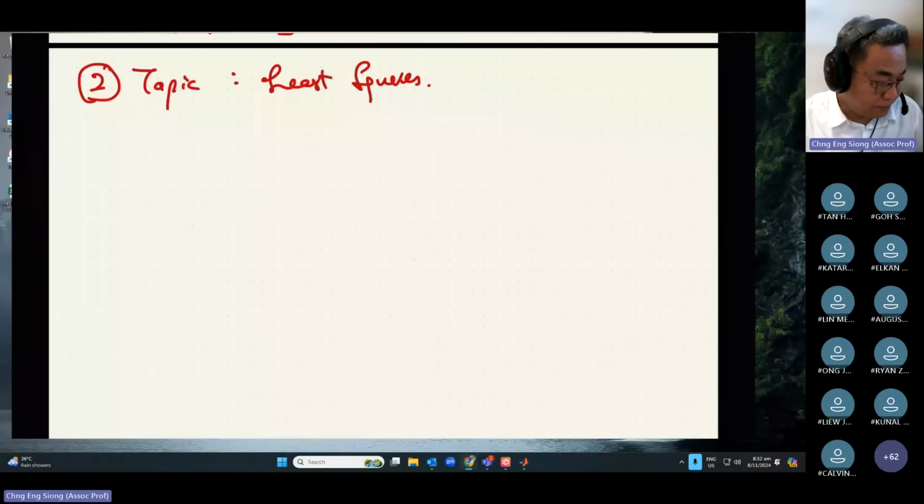Okay, least squares. In least squares, A is a tall matrix.